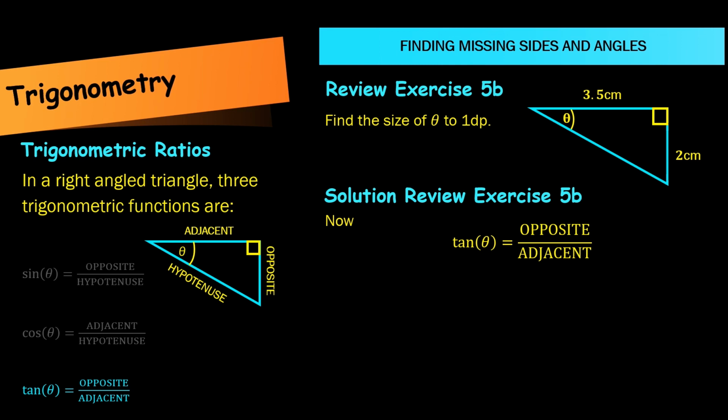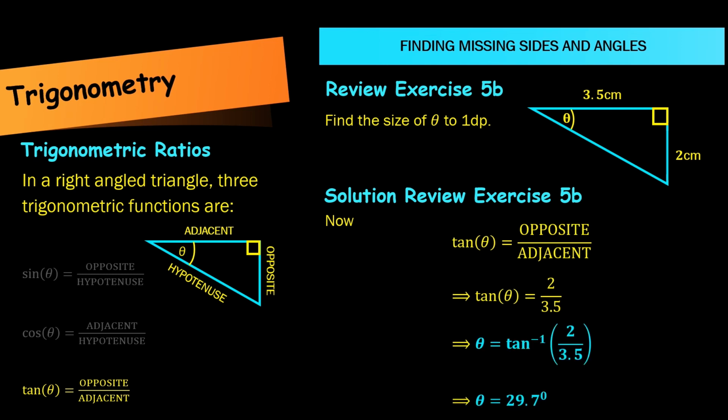So here's our theta plugged in. Of course, that doesn't change because it's unknown. We have the opposite, which is 2 centimeters, and the adjacent, which is 3.5 centimeters. Therefore, theta equals tan inverse 2 over 3.5, which implies that theta equals 29.7 degrees.